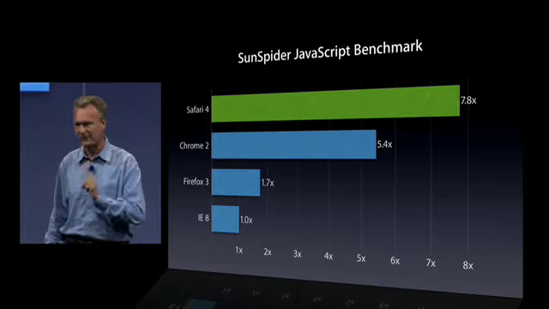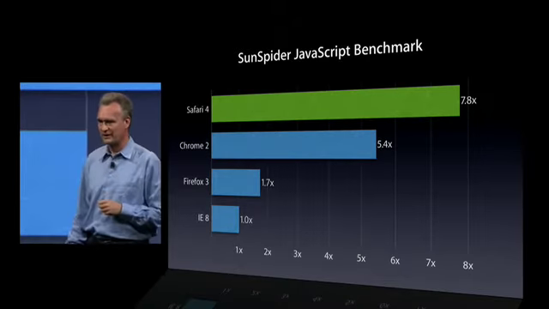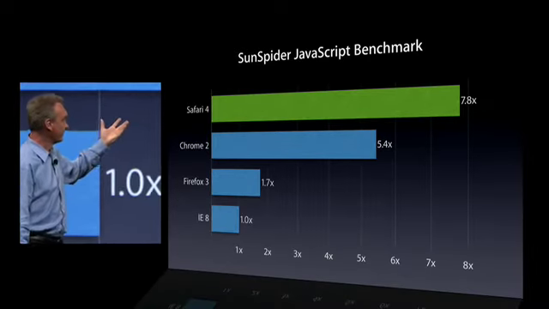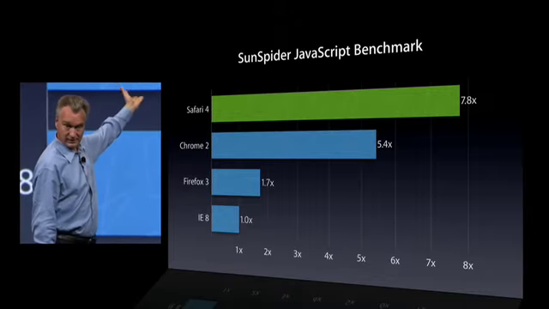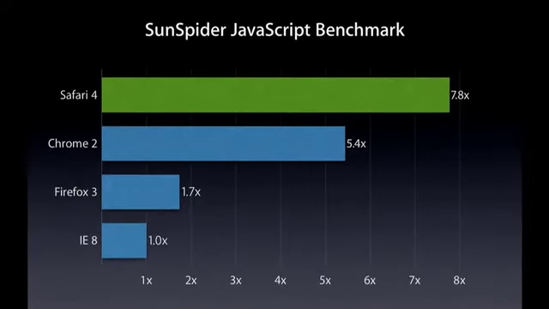Safari 4 offers unsurpassed speed. Speed for HTML and speed for JavaScript for your Web 2.0 web pages. This chart shows the standard SunSpider JavaScript benchmark, and the scale is multiples of IE8 speed.